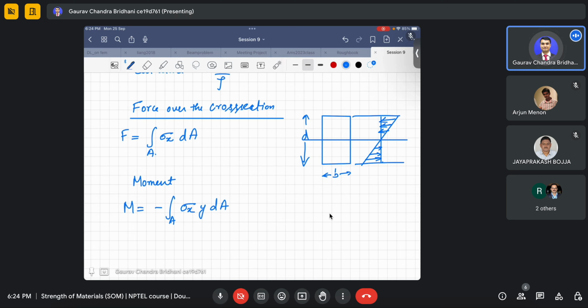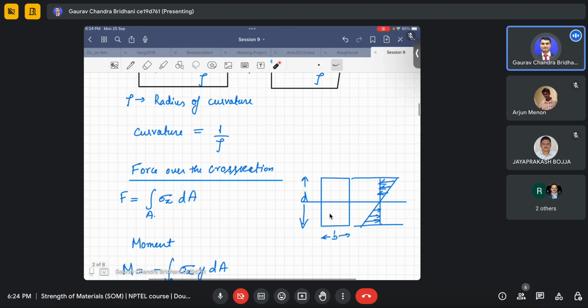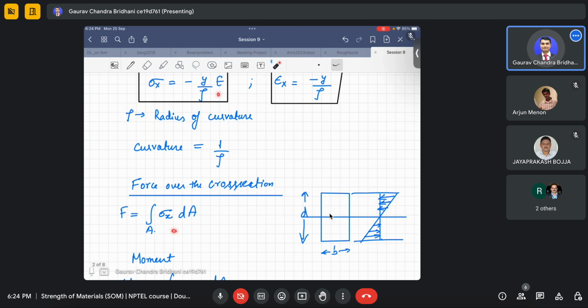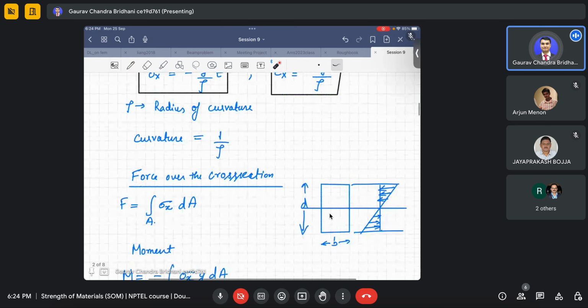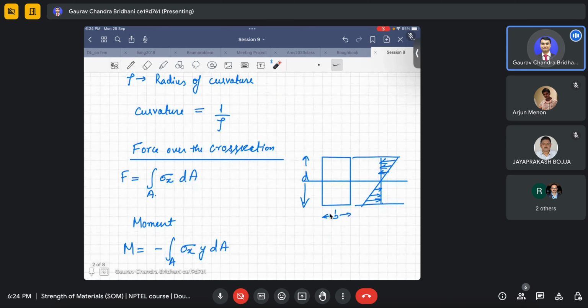Using moment equilibrium, we find the bending moment capacity, and it gives us a way to find various other things. What you can do now is, since sigma is already represented in terms of y, rho and E, you can substitute this sigma x here and do further manipulations.